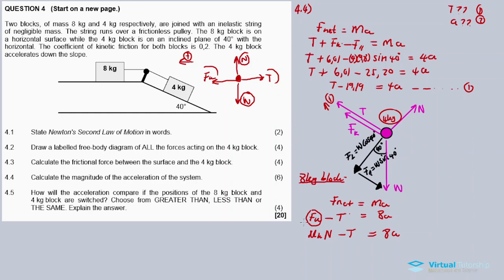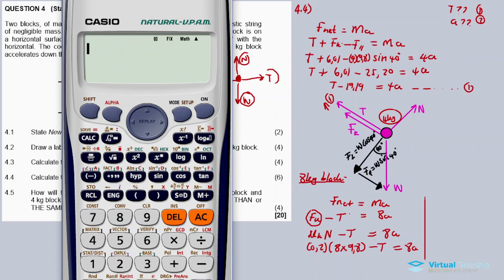So Fk is mu k times the normal force, and the normal force on a horizontal plane is always equal to the weight, and mu k is 0.2. The weight is calculated as 8 times 9.8, minus T equals 8a. So 0.2 times 9.8 times 8 is equal to 15.68.